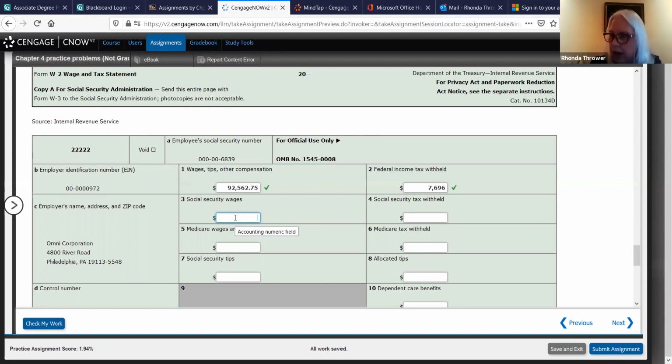Then we're going to add back to it the $262.75, which was a benefit that was paid to the employee. So $97,762.75 is your Social Security wages.